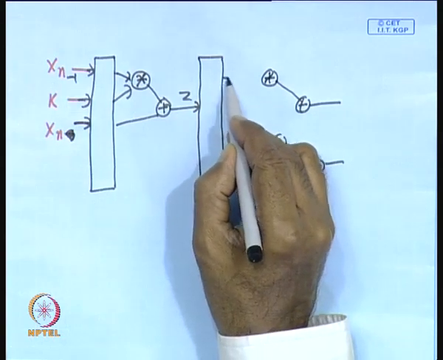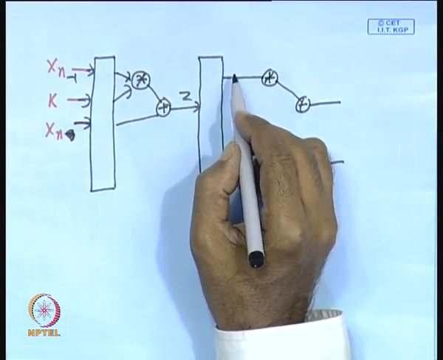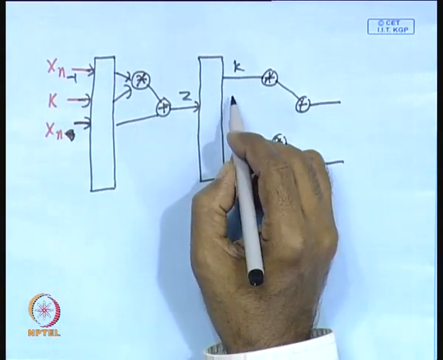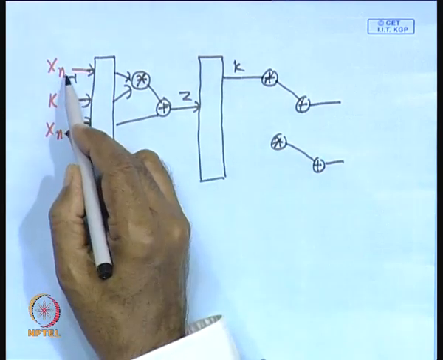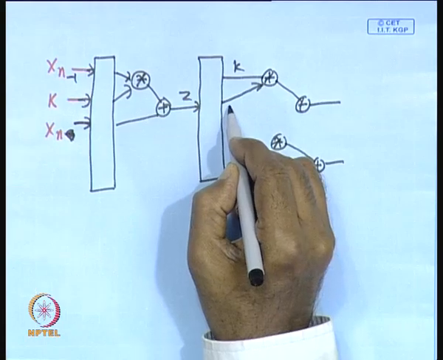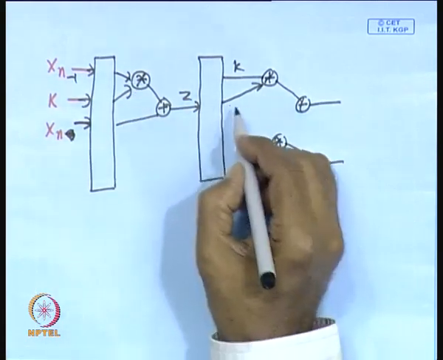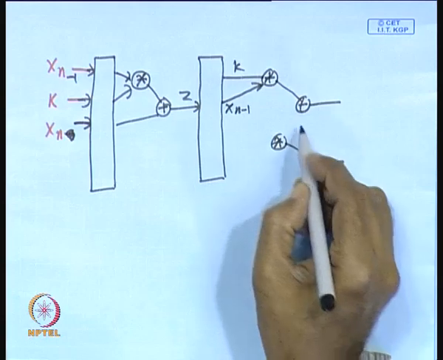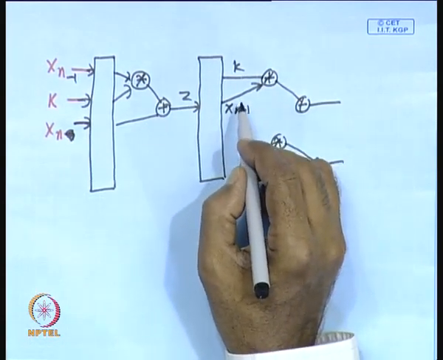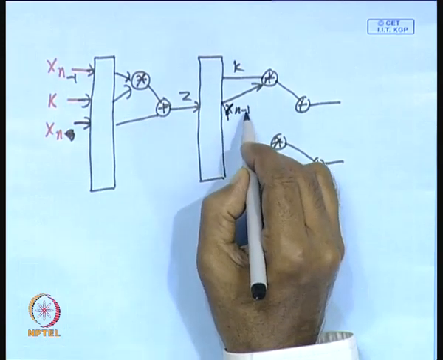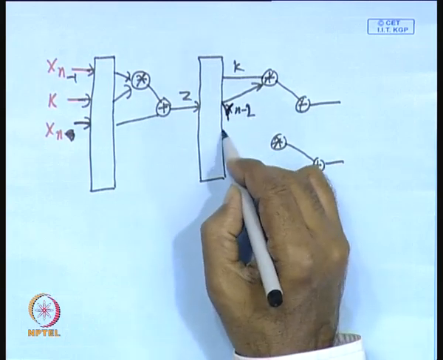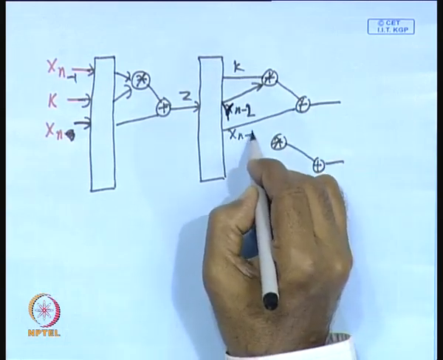Here you will apply multiplication k, this factor will go there, k, and you are multiplying it with x n minus 1, so k into x n minus 1, and you are adding with y n minus 2, and here it will be x n minus 1.